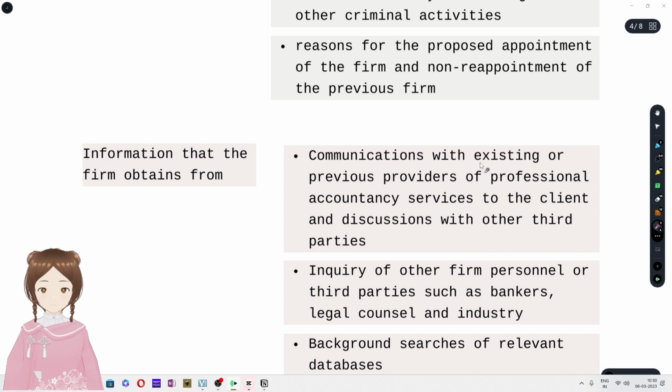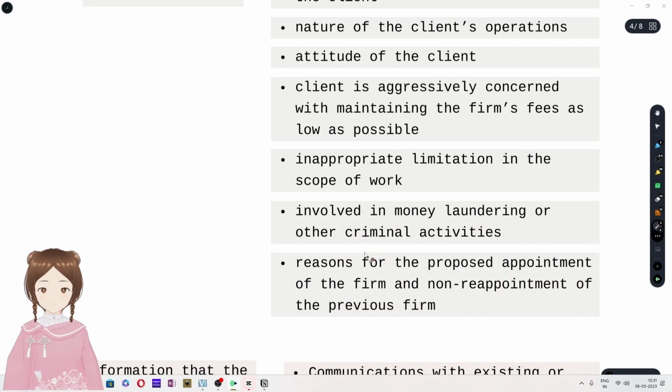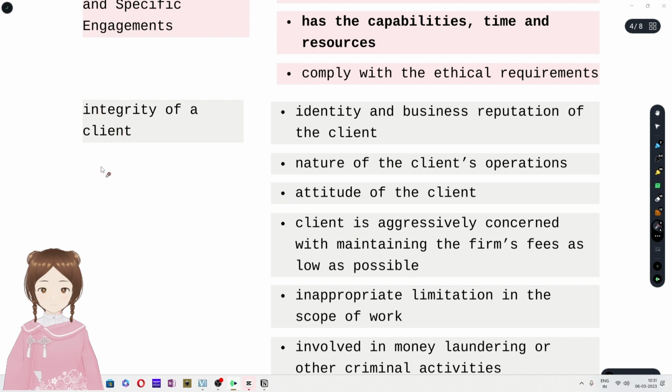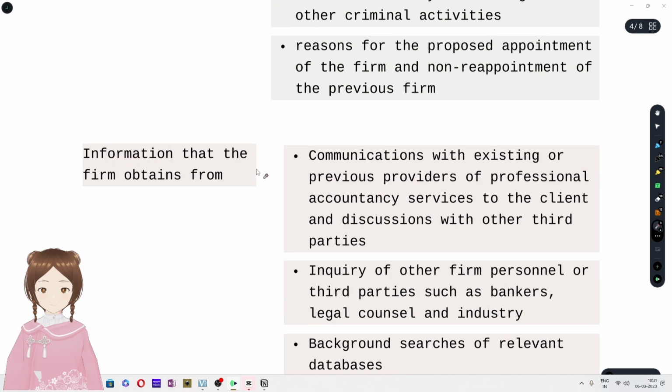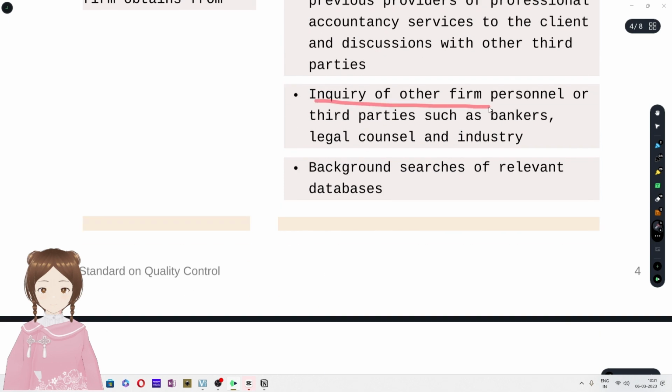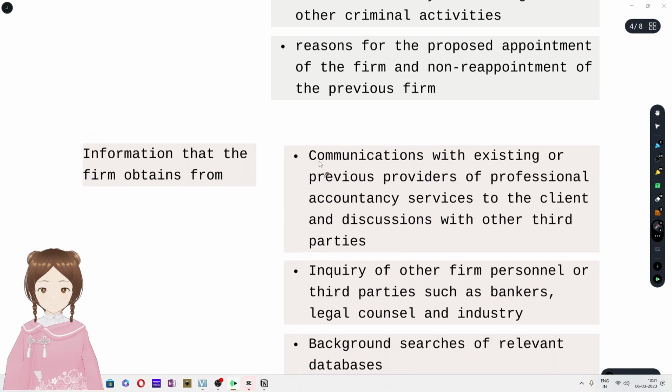The sources include communication with existing and previous providers of professional accountancy services to the client, and discussions with third parties. In order to check the integrity of the client, they get information from the previous or existing professional accountancy service providers or other third parties like banks, NBFCs, or regulators. And inquiry of the firm personnel, this is inside.